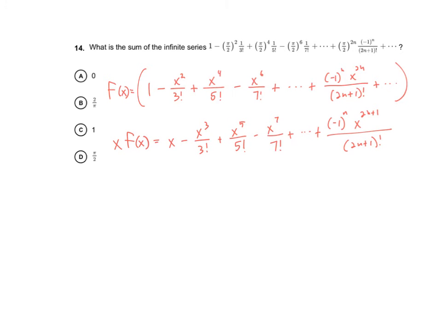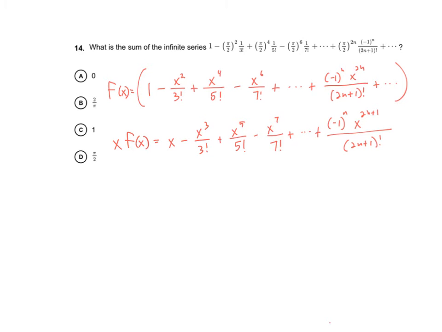So that's kind of like sine or cosine. And so we can see it's going to be sine, because this whole function is going to be the Maclaurin series for sine x.